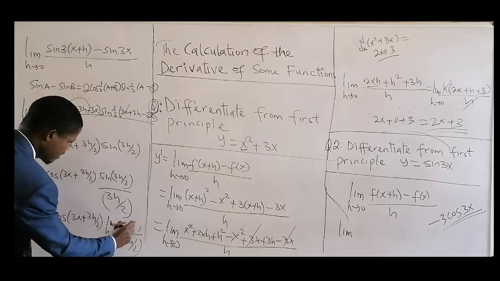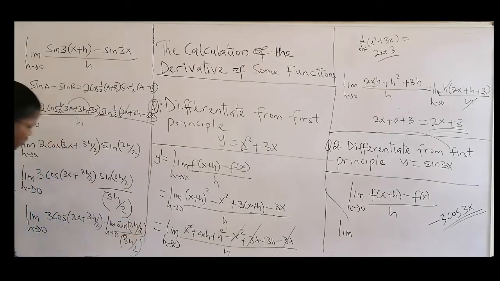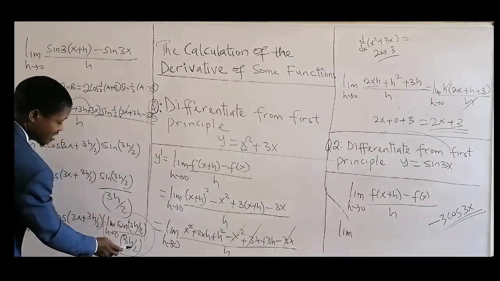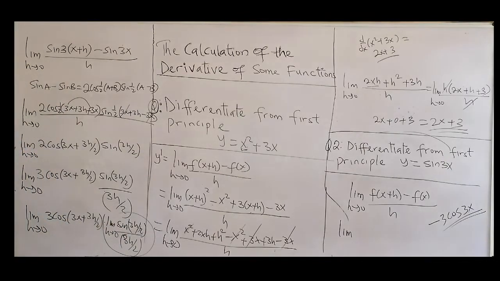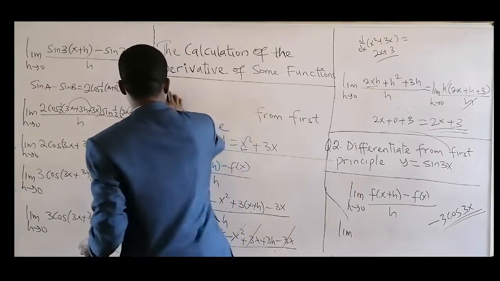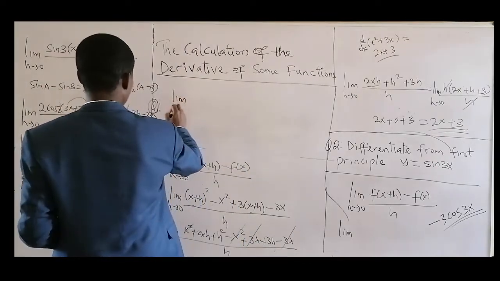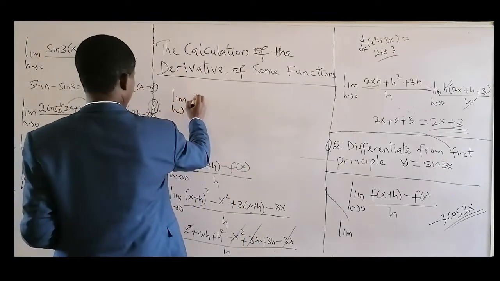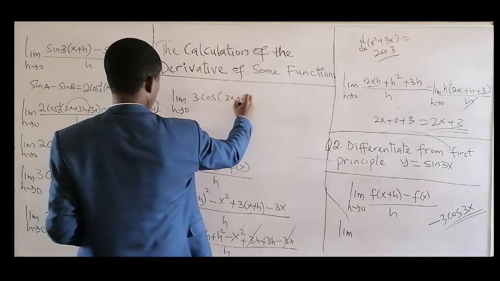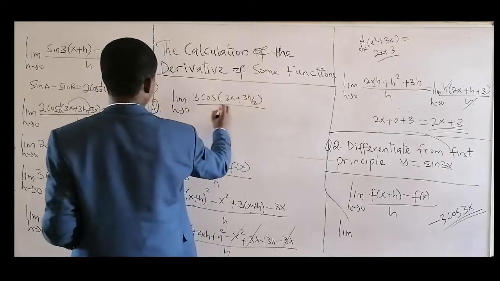Sine 3h over 2, this one is 1, as we all know. Once the function in the numerator and the denominator is the same, it makes it 1. So then we are left with the limit as h tends to 0 of 3 cos (3x plus 3h over 2) all over h.